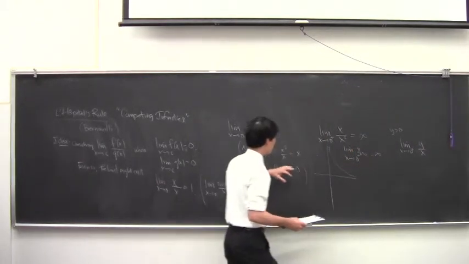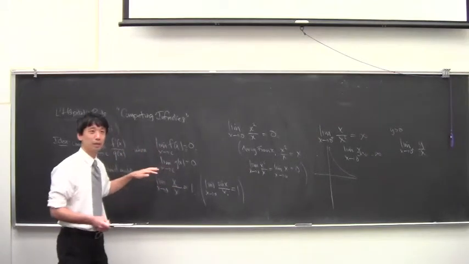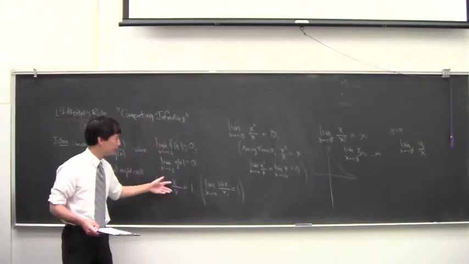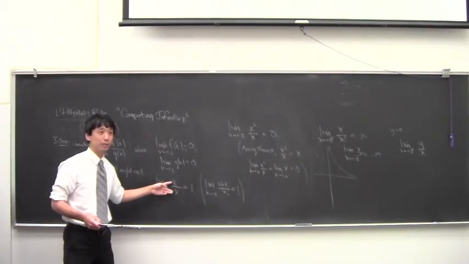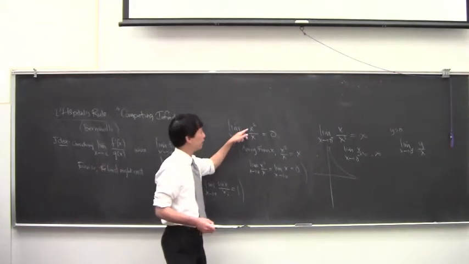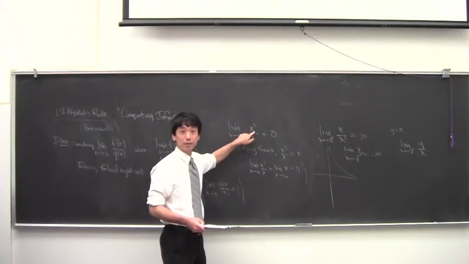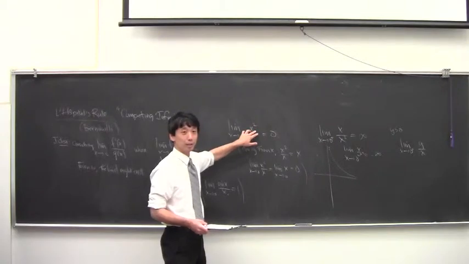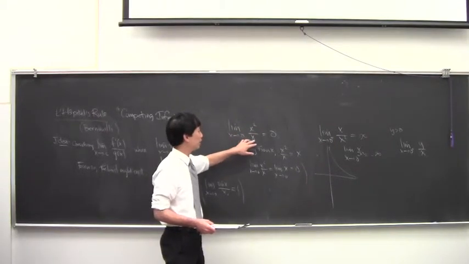So you want to think of this as sort of a competition. Here, both are heading towards 0 at the same rate, and you end up with 1. Here, the top, x squared, is going to 0 faster than x.